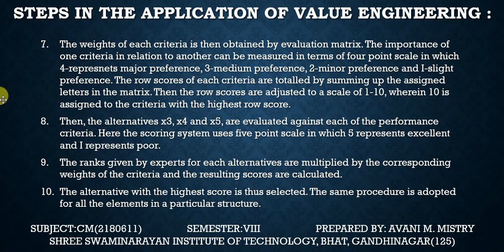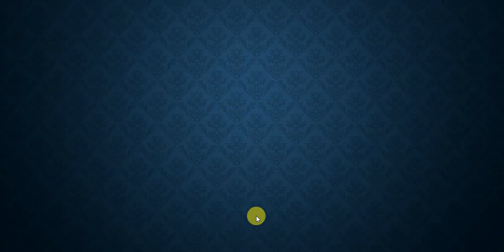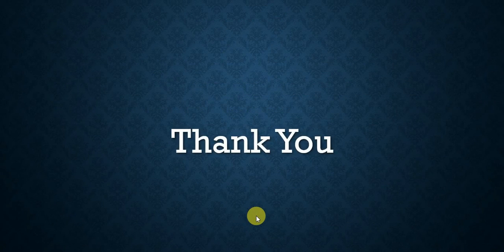The ranks given by the experts for each alternative are multiplied by the corresponding weight of the criteria, and the resulting scores are calculated. The alternative with the highest score is then selected, and the same procedure is adopted for all the elements in a particular structure. Okay, thank you.